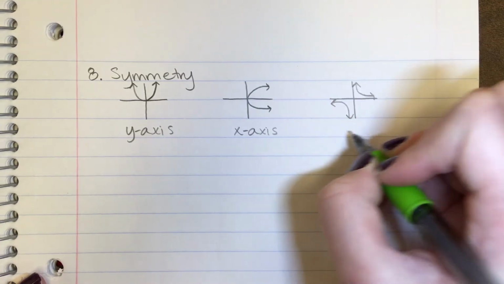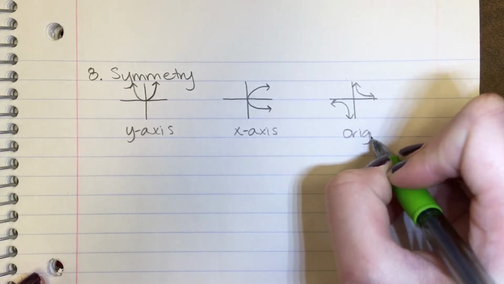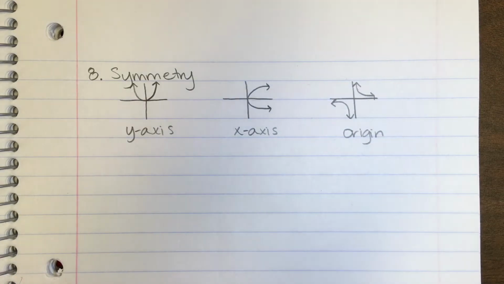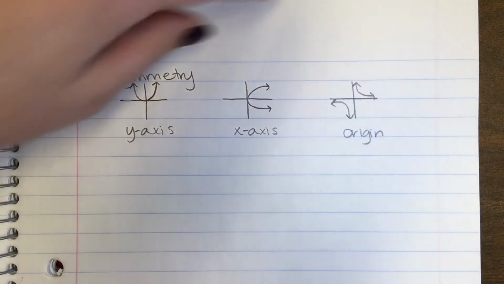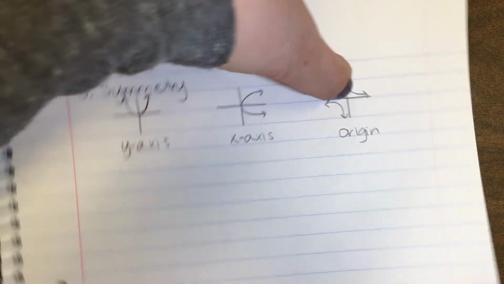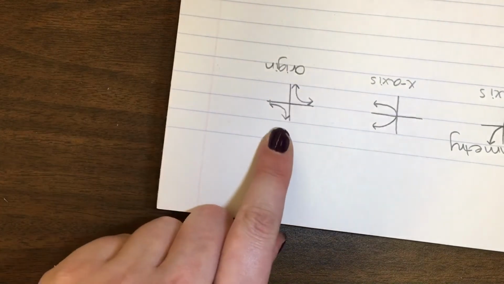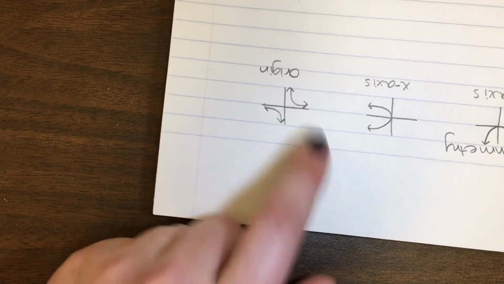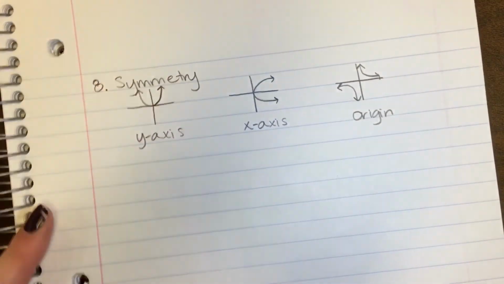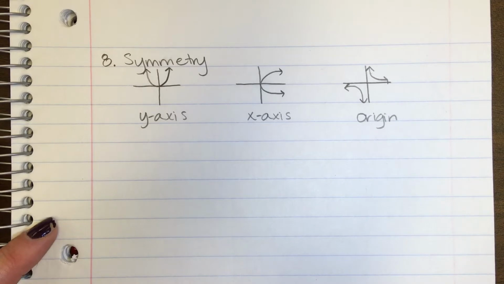And symmetry to the origin is not like folding a sheet of paper. Symmetry to the origin is like if you were to take your pencil and put it right on this point, then you could spin around your pencil, and when you flip this upside down or spin it 180 degrees, it looks like the same graph. So that's what we mean when we say symmetry to the origin.